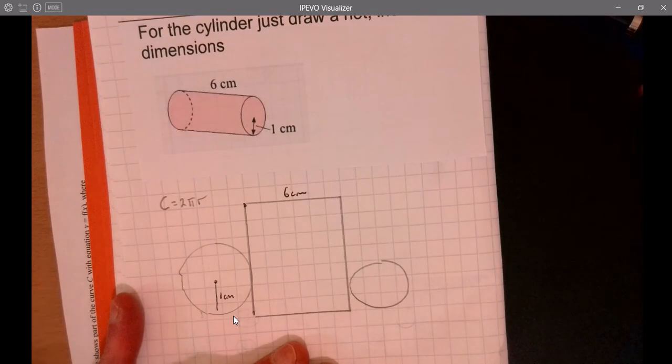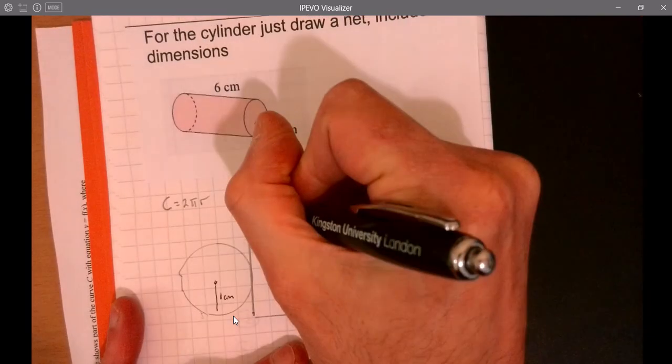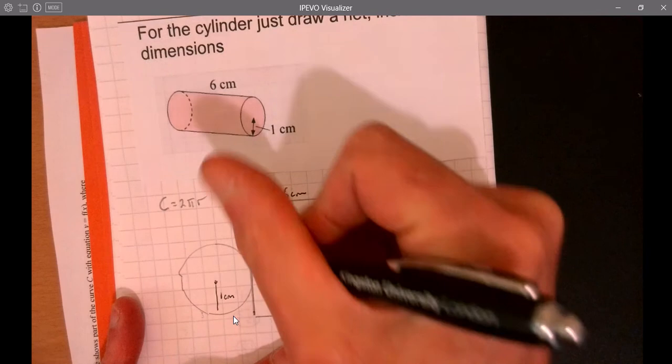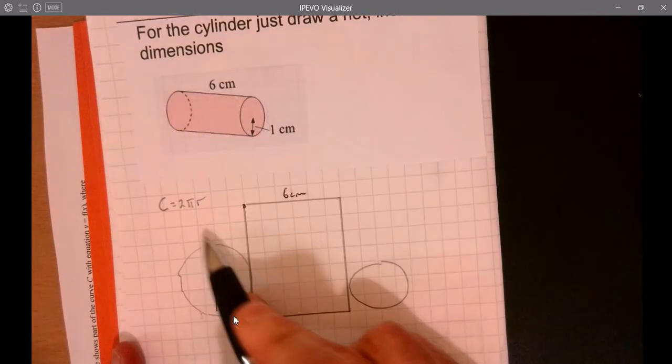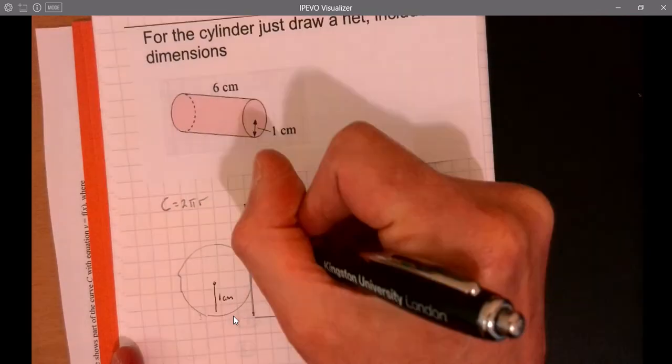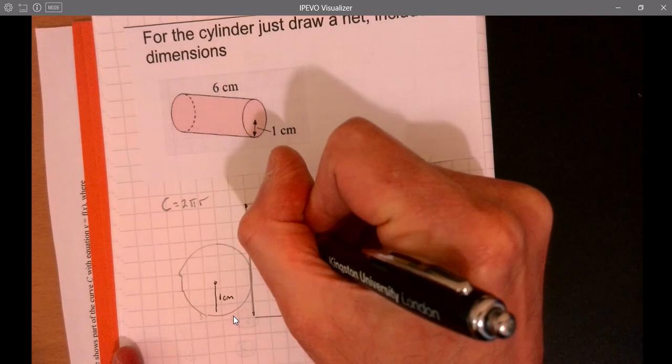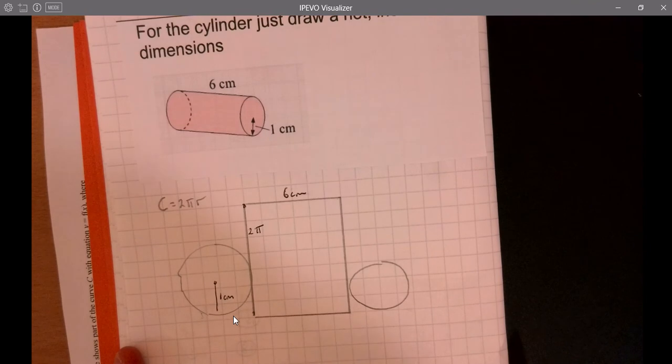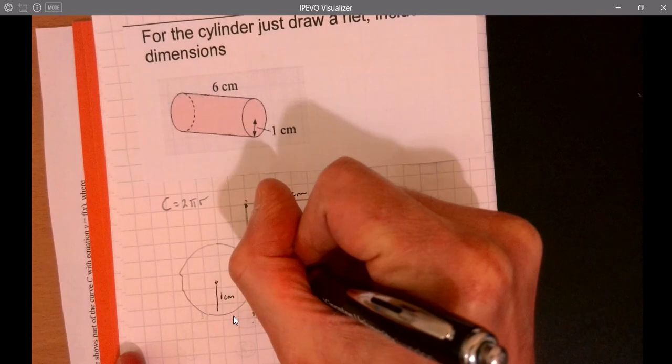So therefore this length here would be 2 times pi, and in this case r is 1, so that would just be 2 pi. Pi is 3.14. If you want to be a little bit more precise, you can look that up and use your calculator. But that would give me 6.28.